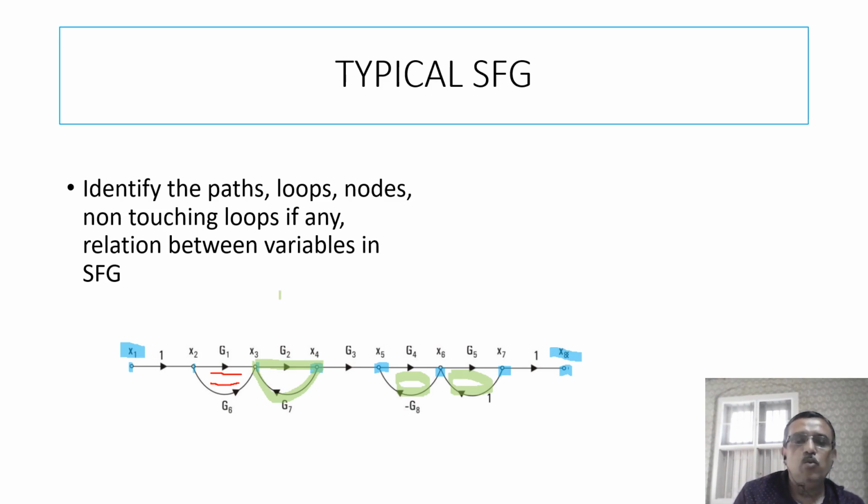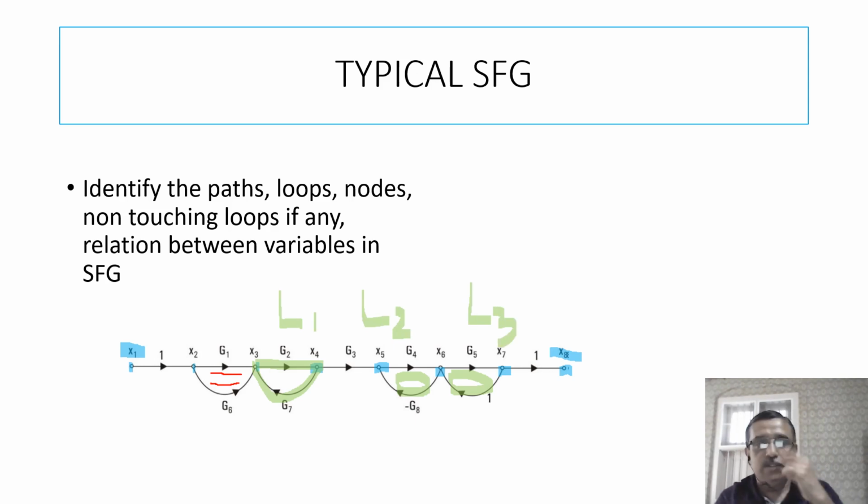If I call this loop L1 and this as loop L2 and this third one as loop L3, L1 and L2 are non-touching, L1 and L3 are non-touching.